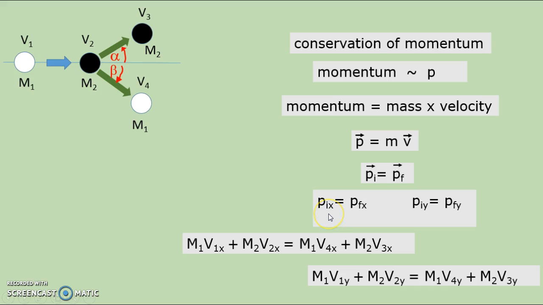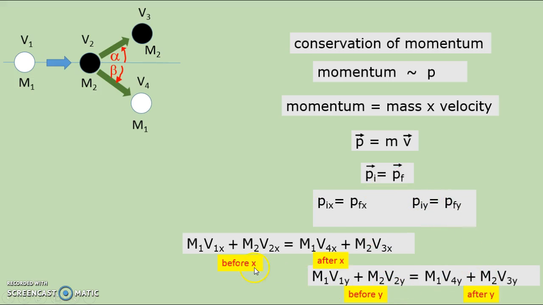So the initial momentum equals the final momentum. When that's decomposed into its two parts, the initial x component of the momentum equals the final x component, and likewise for the y components. When we expand this equation, we will have this, and the momentum in the y direction will have the equation shown here.